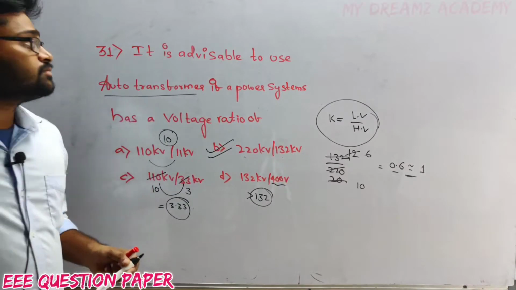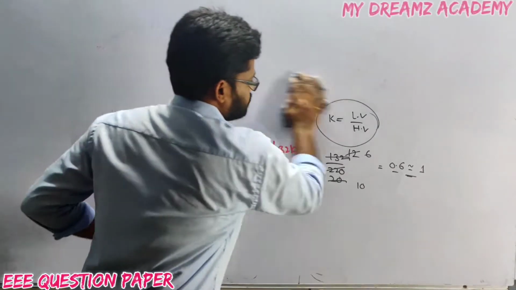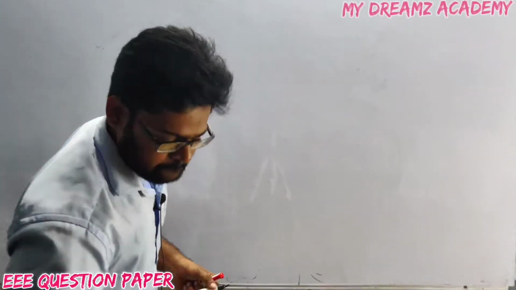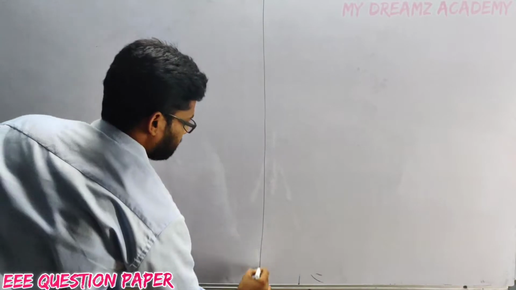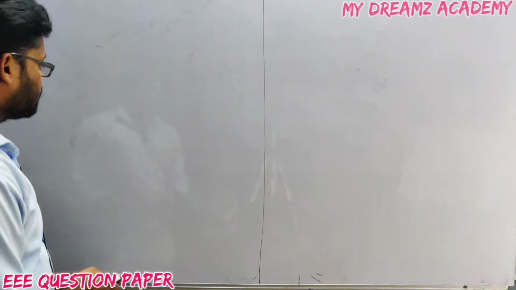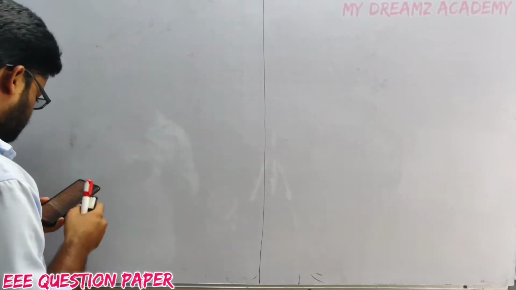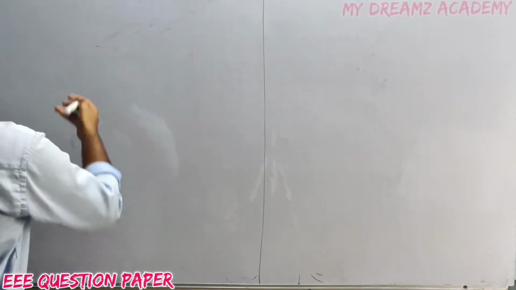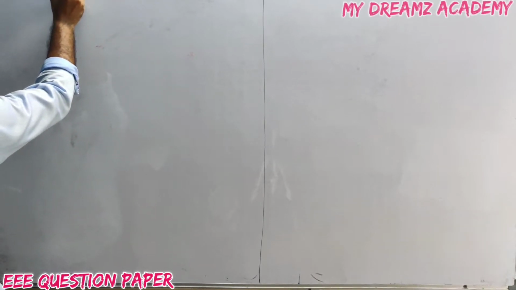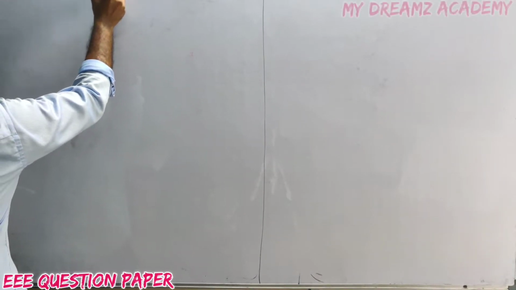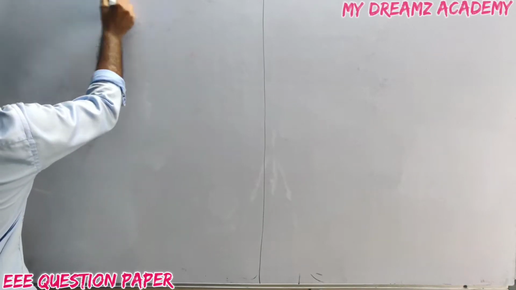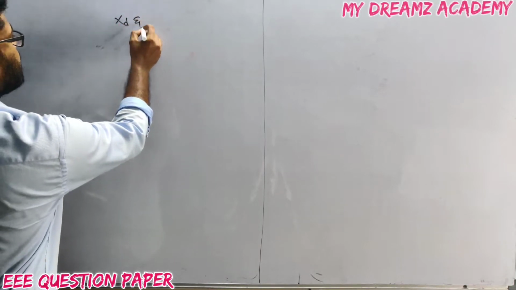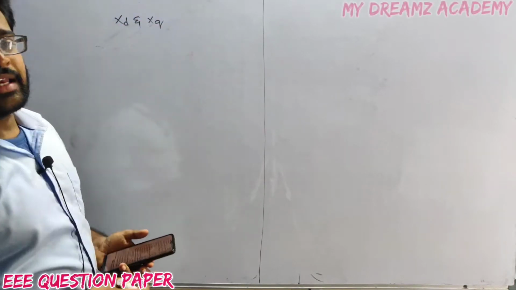And the next question, the question is about slip test. Question number 32, slip test. The slip test is used to find XD and XQ values.